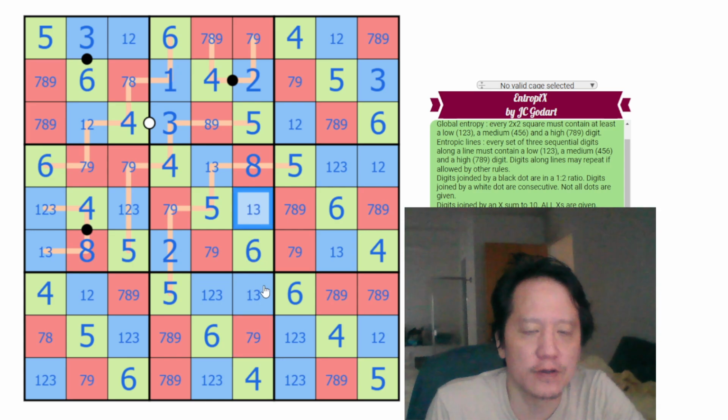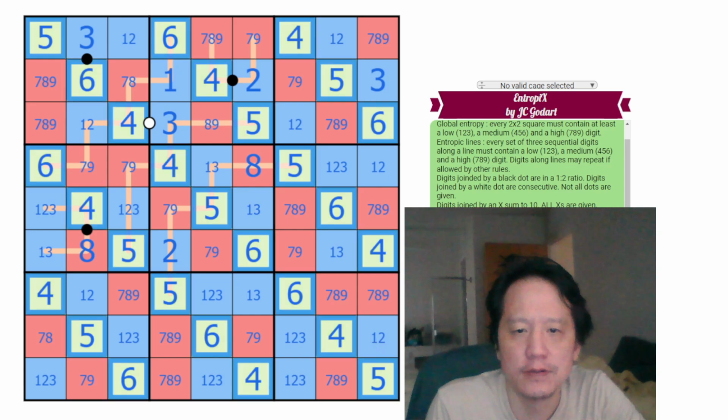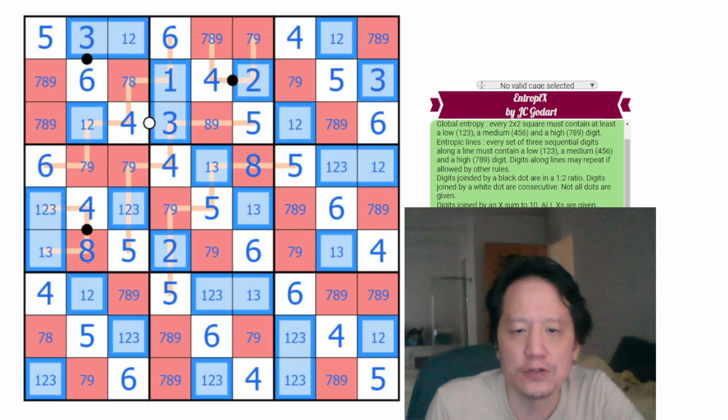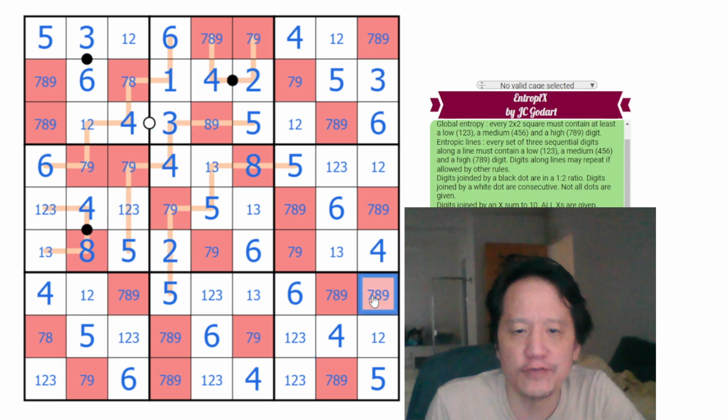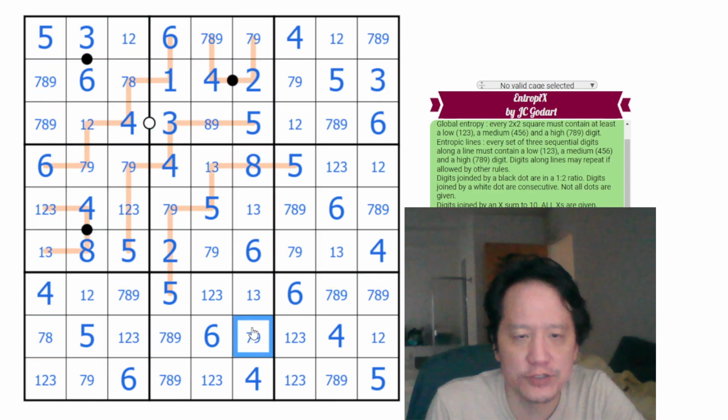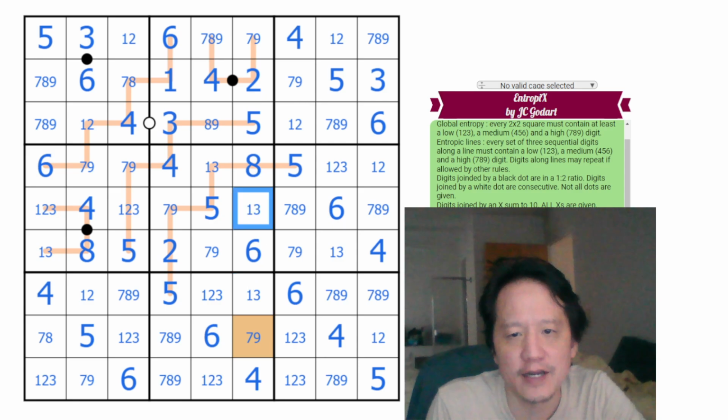Right, so, okay. Let's remove the coloring now. So, now we need to figure out where pairs can be. So this one matches with this. Or sorry, it cannot match with that. It has to match with that one.